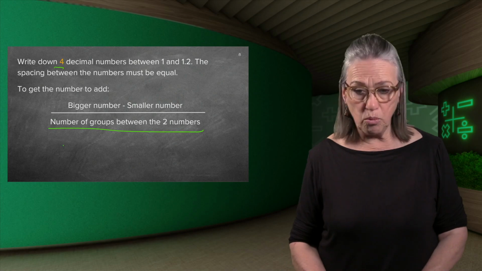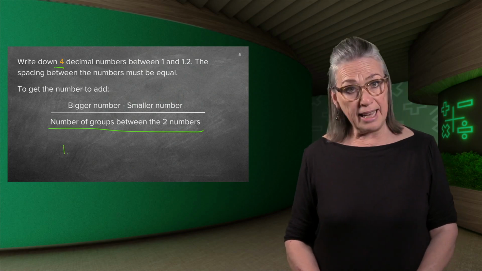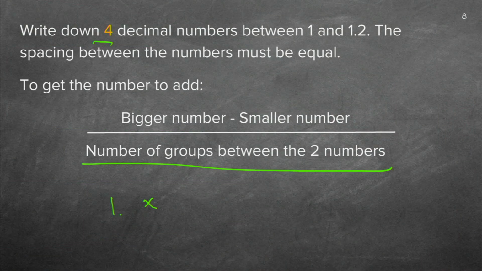Okay, so they give you 1. So they say you've got to have 1, 2, 3, 4 numbers with equal spacing before you get to 1.2. So now that they tell us, we're going to say 1.2 minus 1, and the number of groups between the 2 numbers.